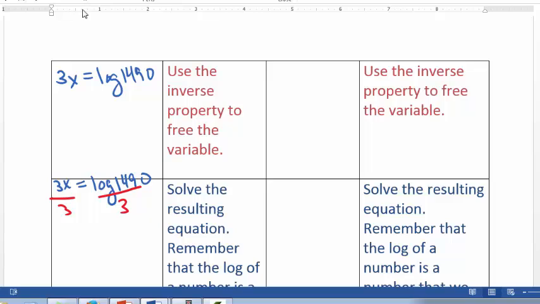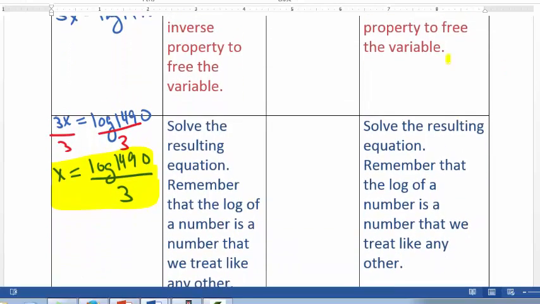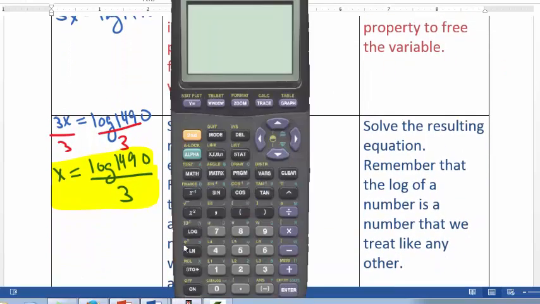And now I have my exact answer. So x exactly equals the log of 1490 divided by 3. That would be my exact solution. But of course, you're going to want to approximate this, so that's where the calculator comes in.